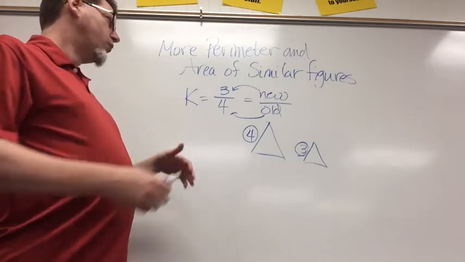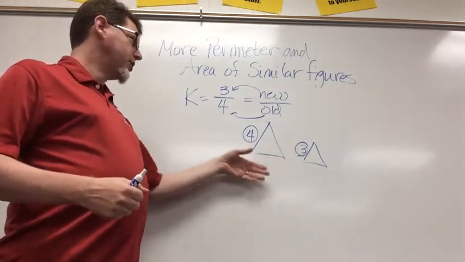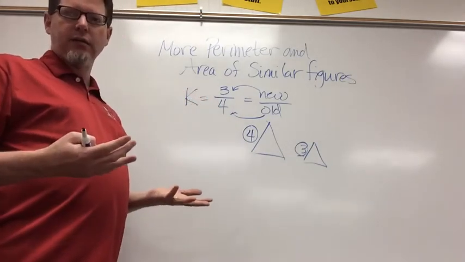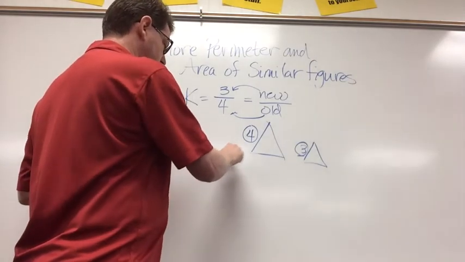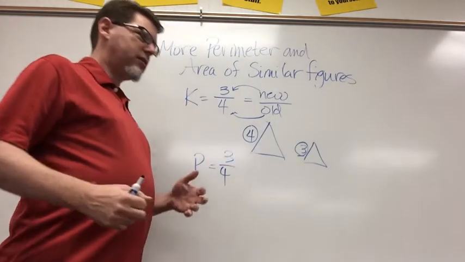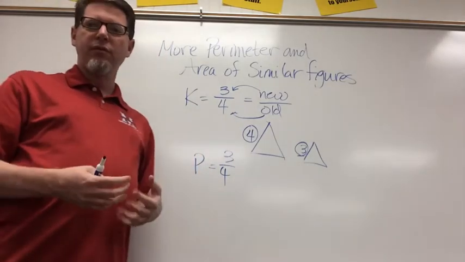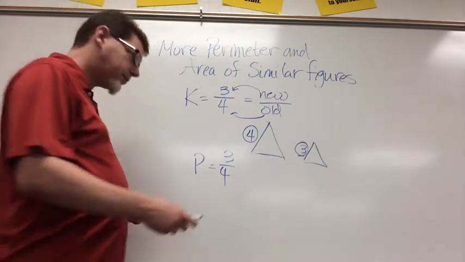So now, what would be the ratio for the perimeters? Well, perimeter ratio and scale factor are exactly the same thing. So the perimeter ratio would be 3/4, because just like from the beginning part of this video, anytime we're trying to find perimeter, we multiply the old perimeter times the scale factor, which is 3/4.